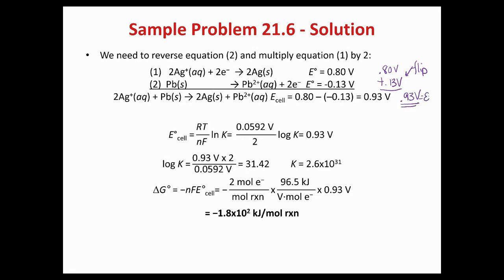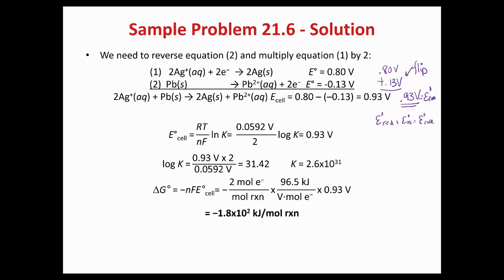Recall I told you that the other way of doing it is to subtract them, but keep everything as is from the chart. Both ways are fine, but I always do them by flipping one and changing its sign and then adding. So what I'm showing is E naught reduction plus the flipped E naught oxidation to equal the overall cell.